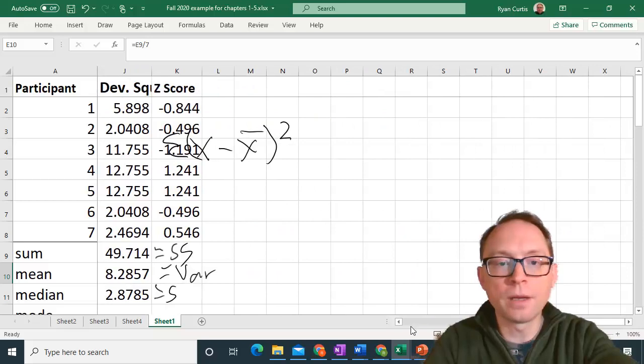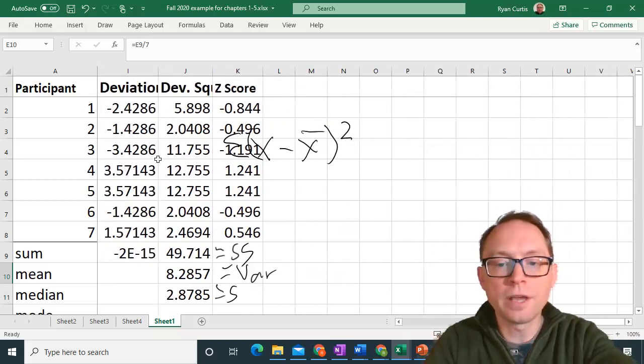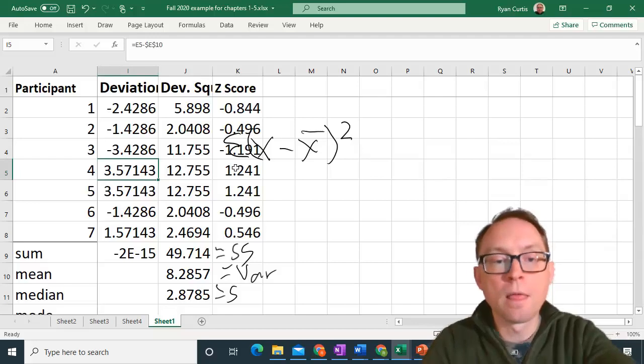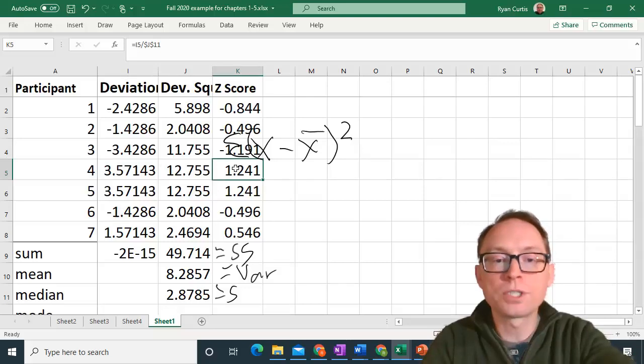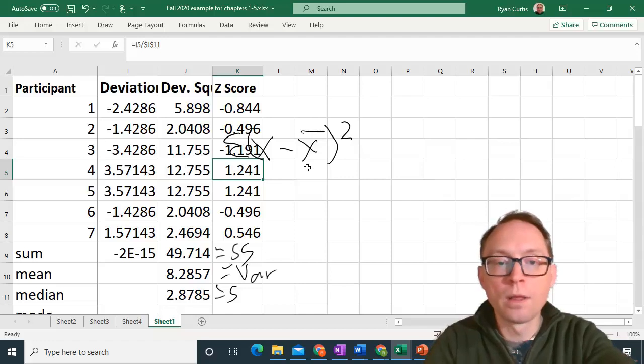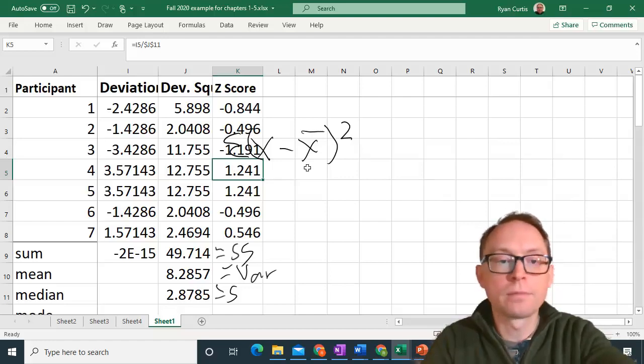How much? It deviates 3.57 liking units, but we can look at this in terms of standard deviations. That is 1.24 standard deviations. Participant 4's z-score is 1.24. They like donuts 1.24 standard deviations above the mean.